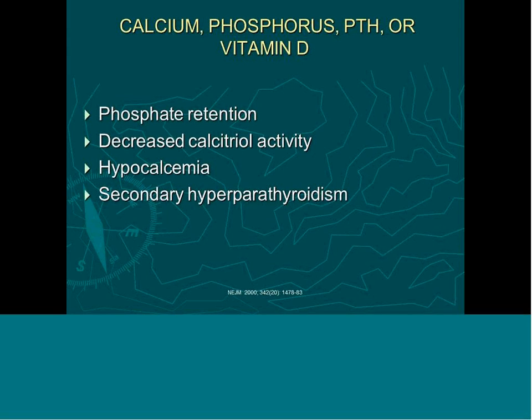As renal mass decreases, there is decreased calcitriol activity and decreased production of 1,25-hydroxyvitamin D, which results in hypocalcemia because of decreased absorption of calcium from the gut, which causes hyperparathyroidism, causing further phosphorus retention and further release of calcium from the bones.